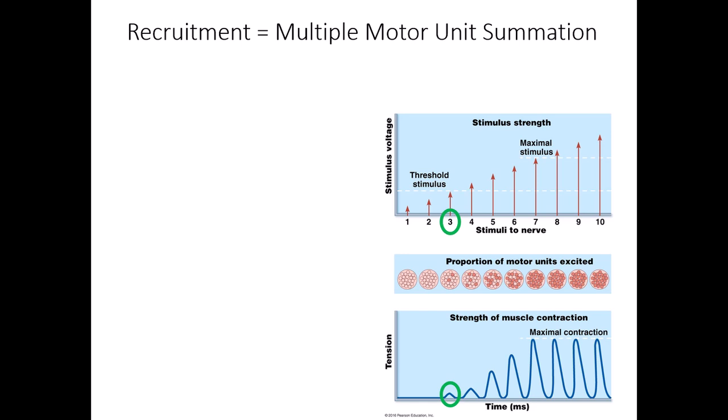The other way that we create these graded muscle contractions is through recruitment, sometimes called multiple motor unit summation. So you see that term motor unit again, and that's why we wanted to be clear on what that means. A motor unit is one motor neuron and all the muscle fibers that it innervates.